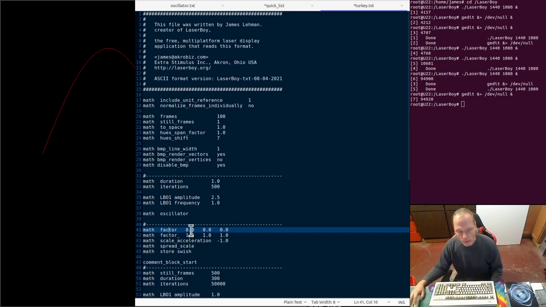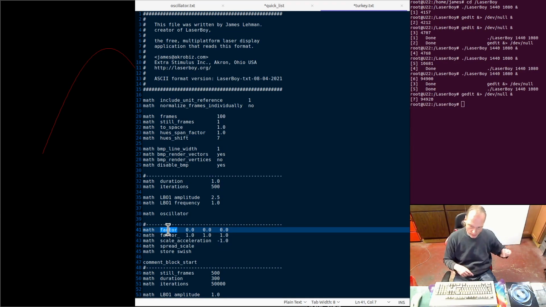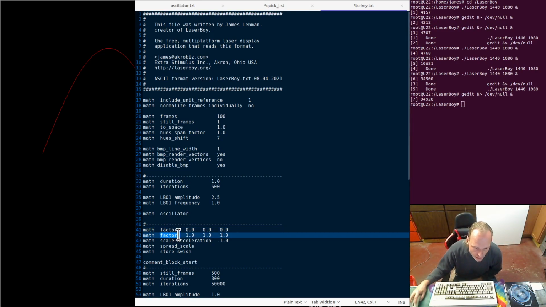Instead of being distributed through a frame set, which is what creates an animation of initial frame values to final frame values, the ones that end with the trailing underscore are within the interval of the frame itself. From the first vertex to the last vertex in the frame, we begin with a factor of factor, and we end with a factor of factor underscore.